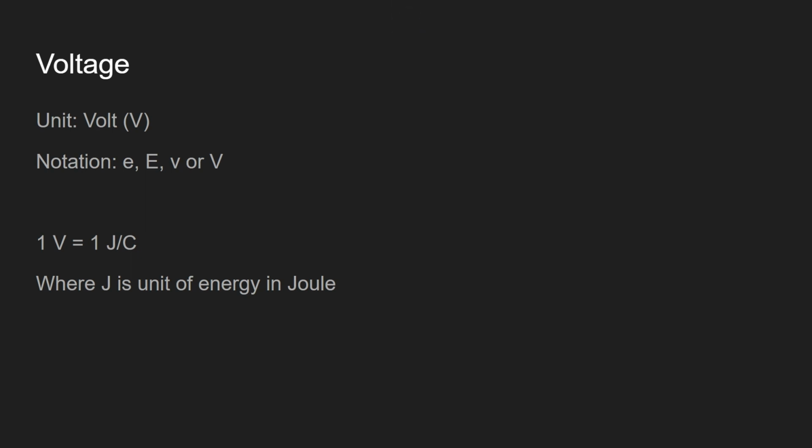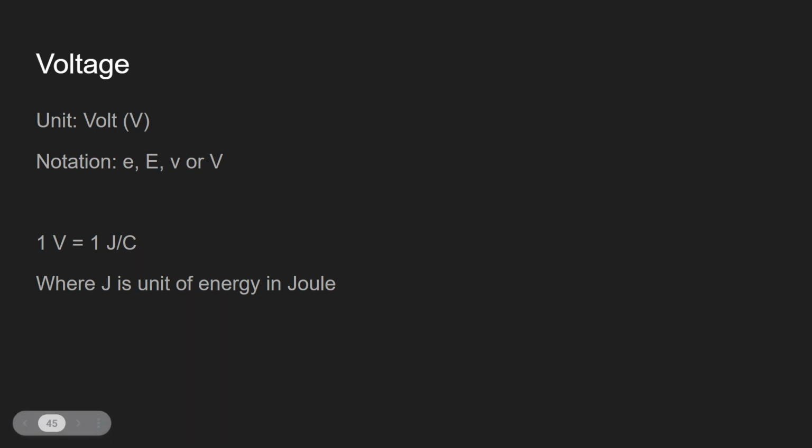We will use lowercase v, uppercase V. In the notes, sometimes you may also see capital letter U, but it's not common, though in the old days I really saw notations like this. You may see me using capital letter E or capital letter V in my slides. If you are not sure which one I'm referring to, the energy or the voltage, you can just ask me. And 1 volt is equal to 1 joule per coulomb, the basic unit.